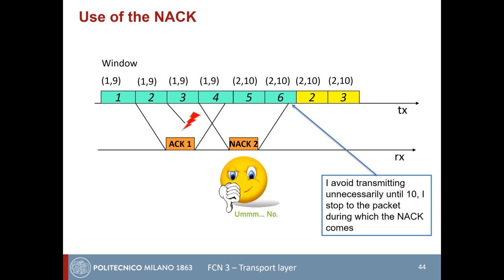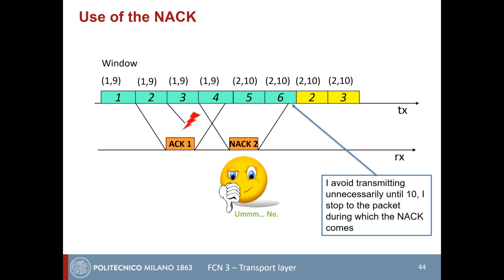What happens in this example? Here you have a window that goes from 1 to 9. The transmitter starts sending packets 1, 2, 3, 4, etc. Packet number 2 got lost. Packet number 1 is acknowledged because it is received correctly. When the receiver receives packet number 3 correctly, the receiver knows that packet number 2 has been lost.